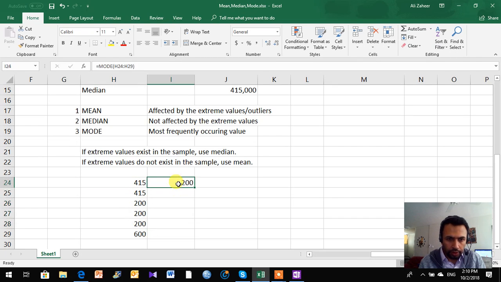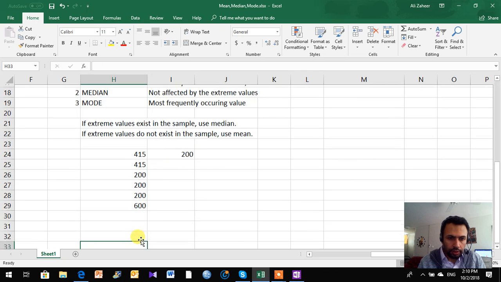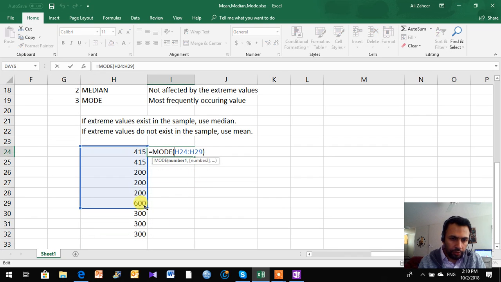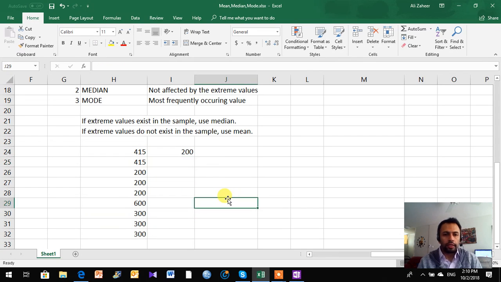So mode is 200. Let's suppose we have another value, 300, 300, 300. We extend the formula. Let's see what we get this time. It is again giving us 200, but in fact it is bimodal.